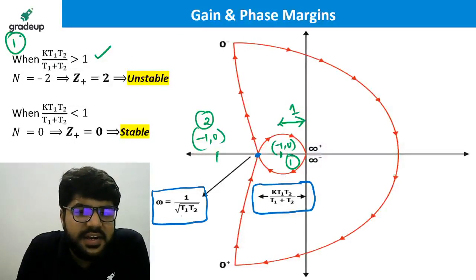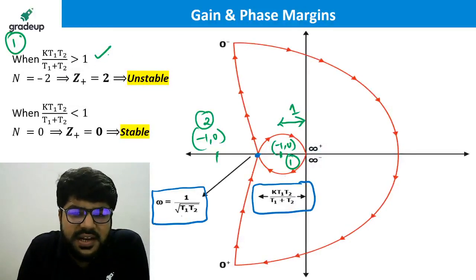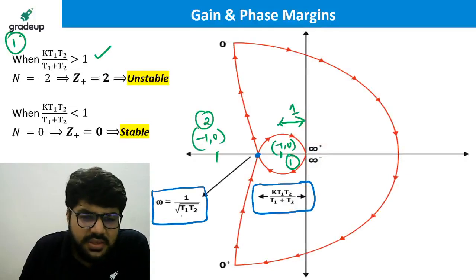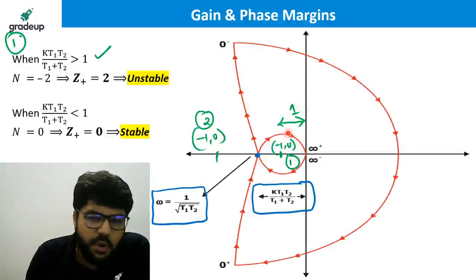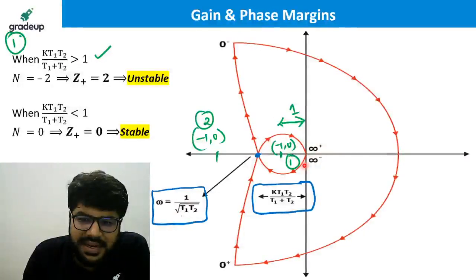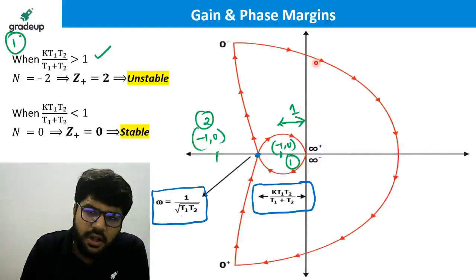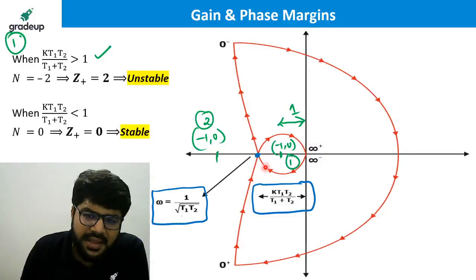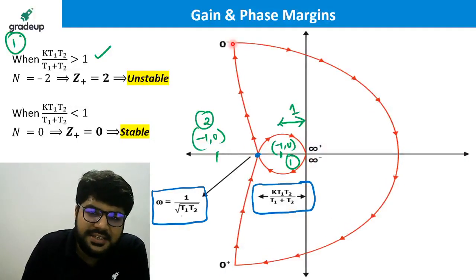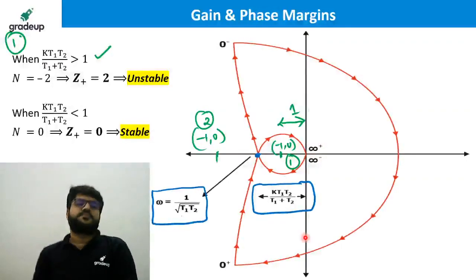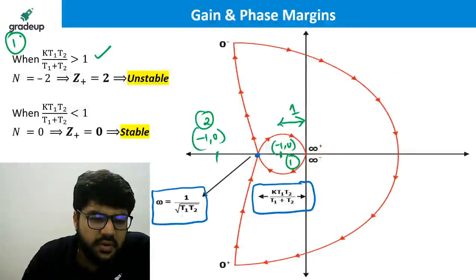So when k t1 t2 divided by t1 plus t2 is greater than 1, let us see how many encirclements we are able to see. I will again use my pointer. So this is one encirclement, the inner loop, in the clockwise direction. And then there is also another encirclement by the outer loop, and that is also in the clockwise direction.